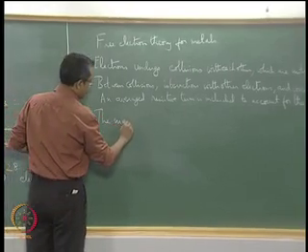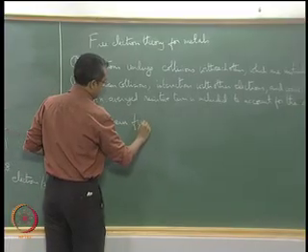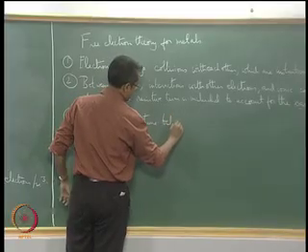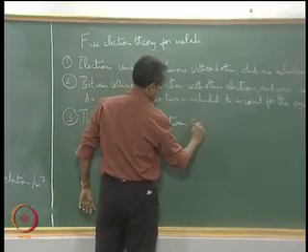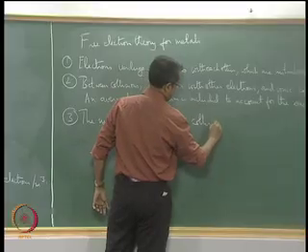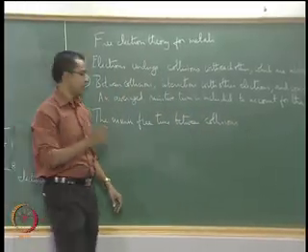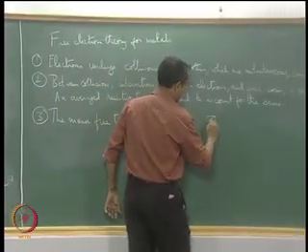There is something that we call the mean free time between collisions. It is represented by tau.